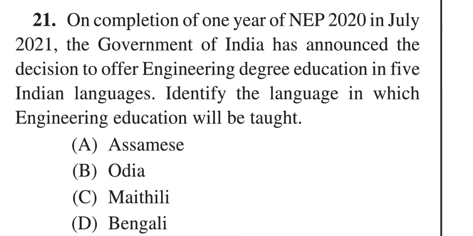It says, on completion of 1 year of NEP 2020 in July 2021, the government of India has announced the decision to offer an engineering degree education in 5 Indian languages. Identify the language in which engineering education will be taught. Assamese, Oriya, Maithili, Bengali. So here I would like to add one thing.